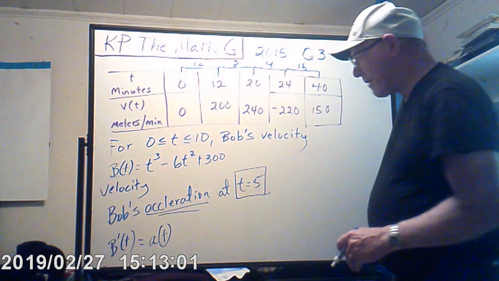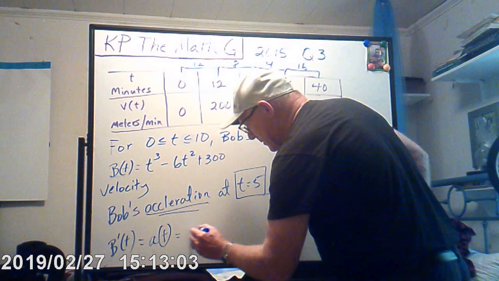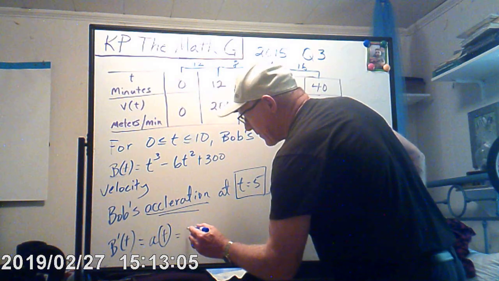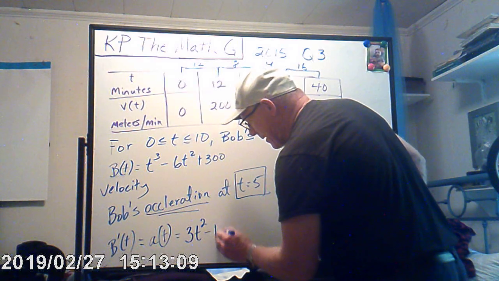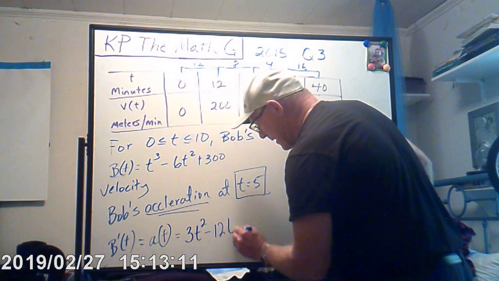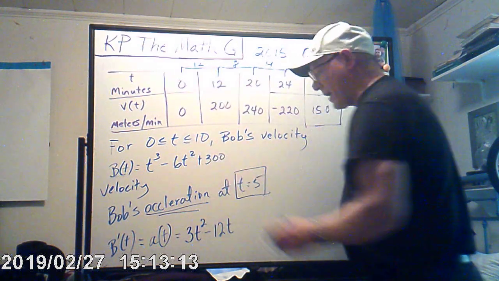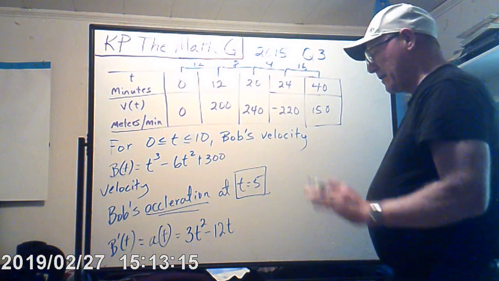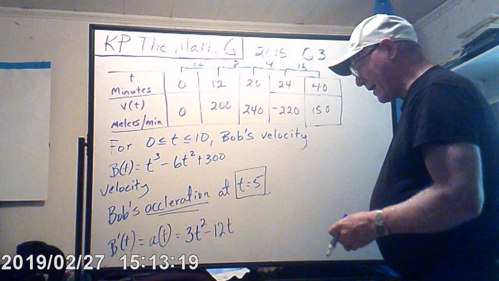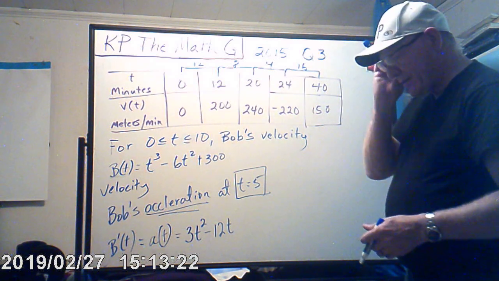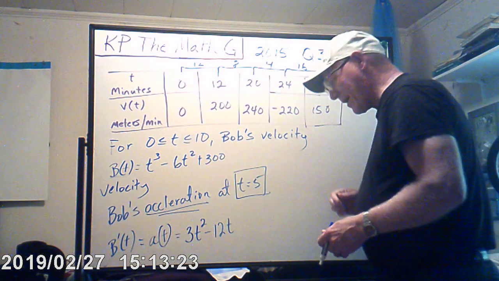Just remember that. Now this is going to be 3t squared minus 12t, and remember the derivative of a constant is 0. Now at t equals 5, you can simply plug that in. You can do a lot of this by hand.